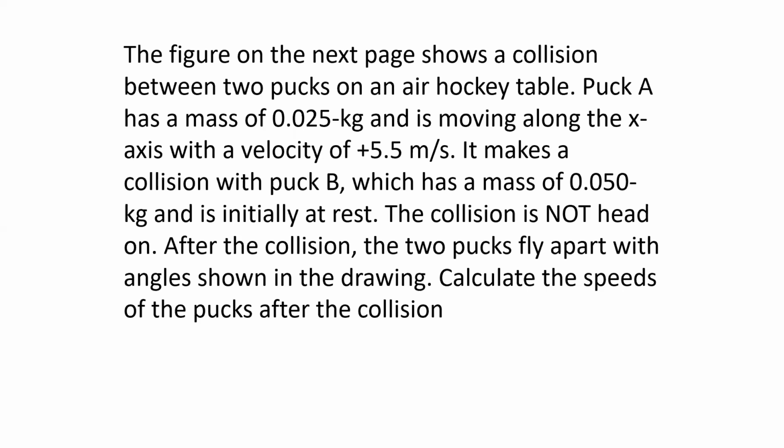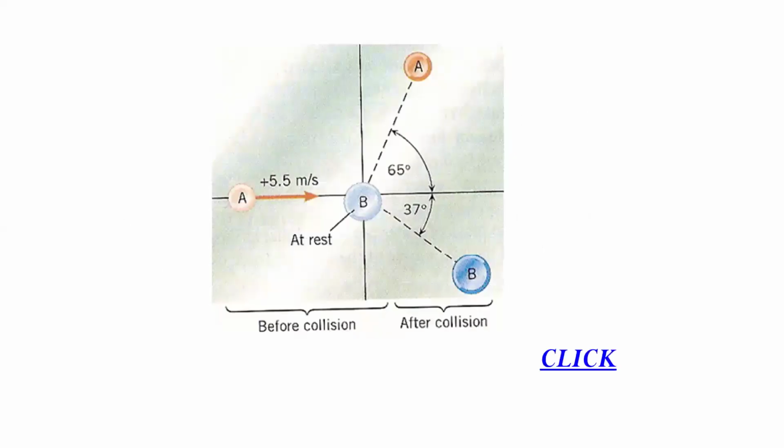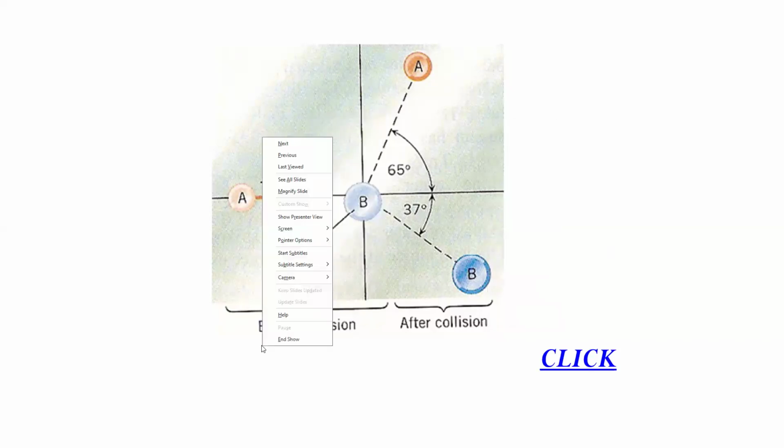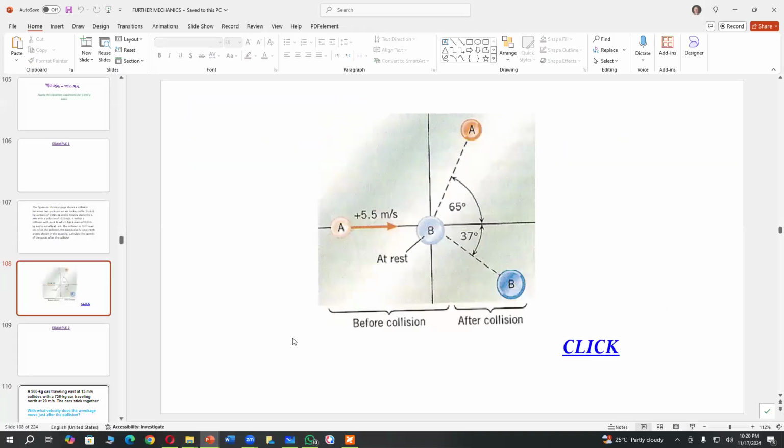After the collision, the two pucks fly apart with angles shown in the drawing. This diagram will tell me in the paper that this is a 2D momentum case. I have read the question. You should also read it once, then we solve it together to understand the procedure we have shared.